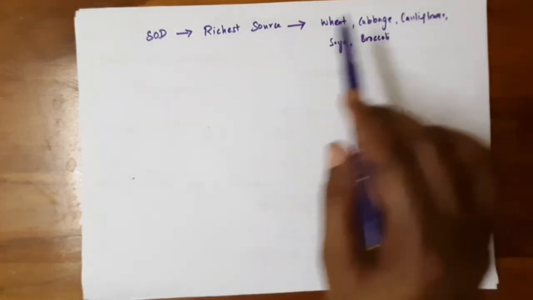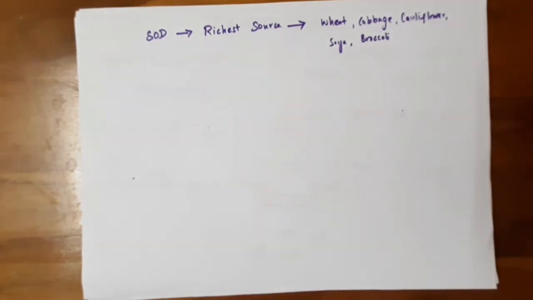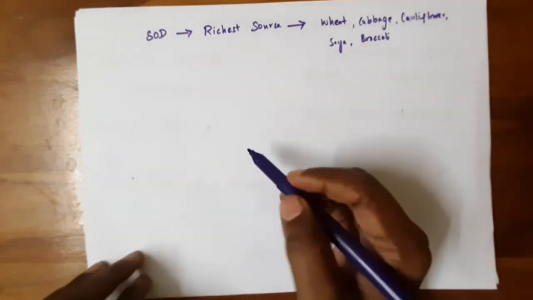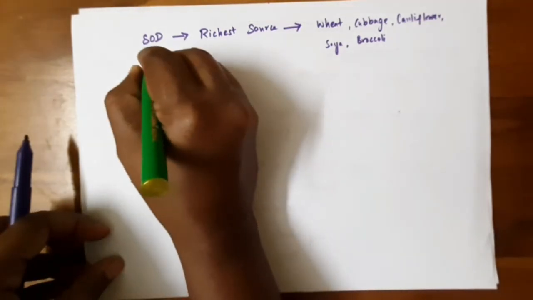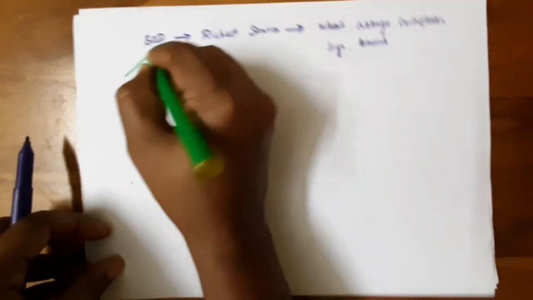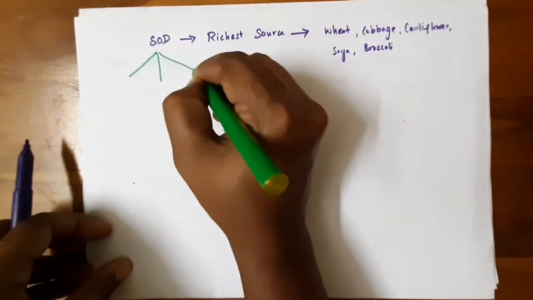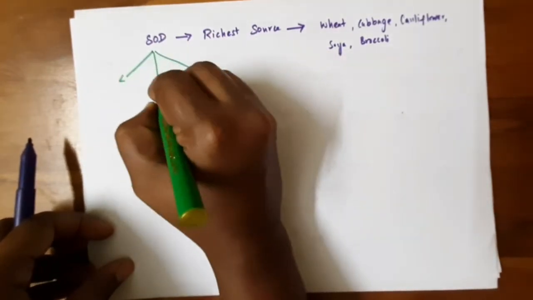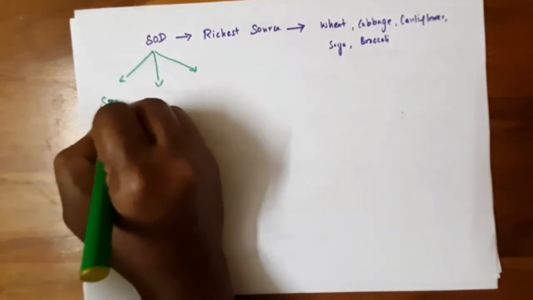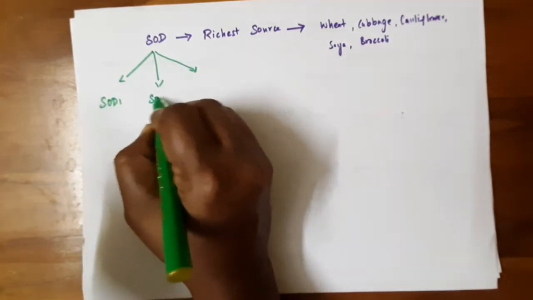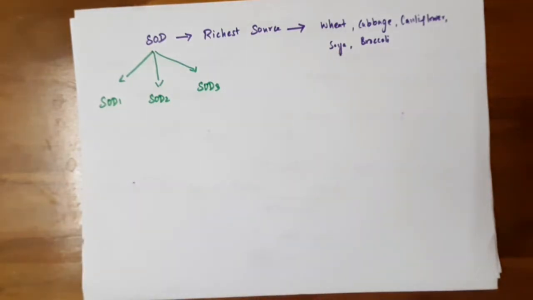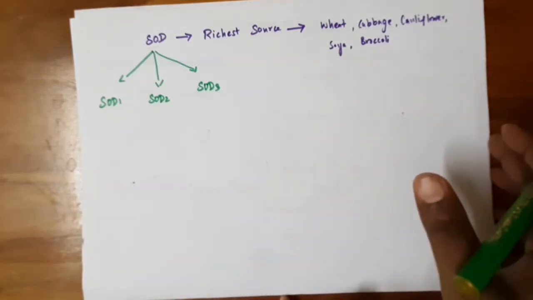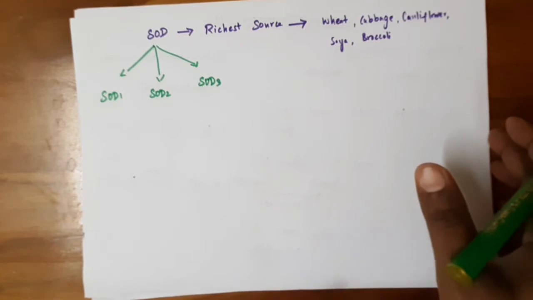This superoxide dismutase has three forms: SOD1, SOD2 and SOD3.